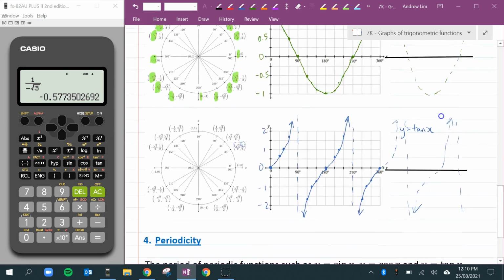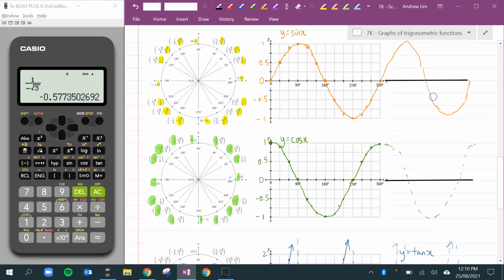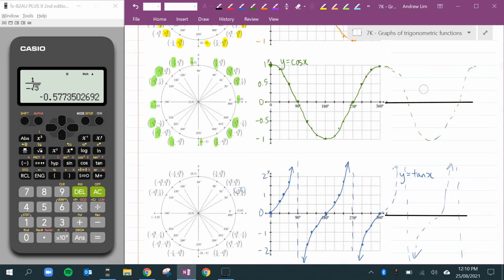So if we have a look here, sine curve, 360 degrees, and then it repeats itself. So every 360 degrees it repeats itself. Cosine curve starts up here, comes down, goes all the way back up, and at 360 degrees it starts again.